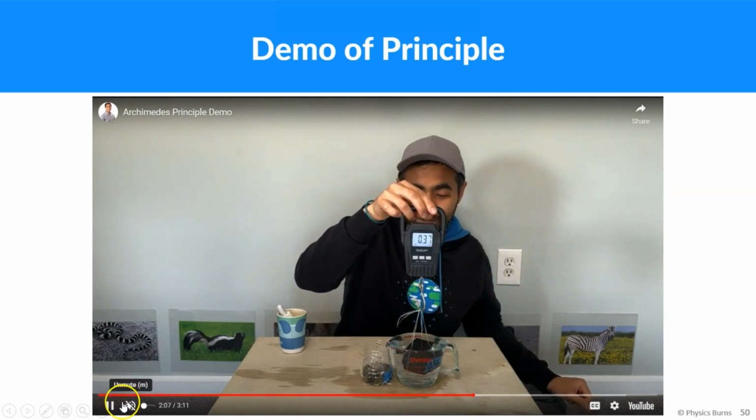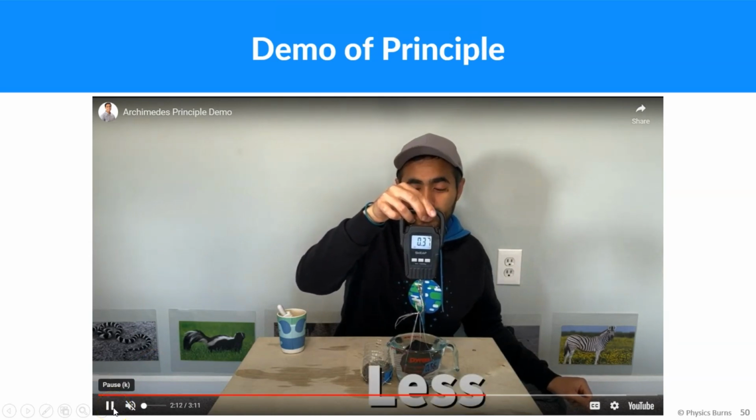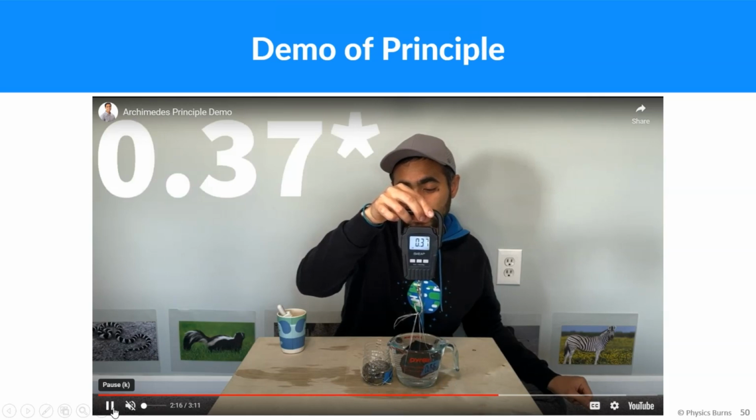So we can see it's getting lighter. It's around 0.37. So it was 0.56 originally, so it went down around 0.19 pounds. Okay, so that means that 0.19 pounds should be inside this cup right here.